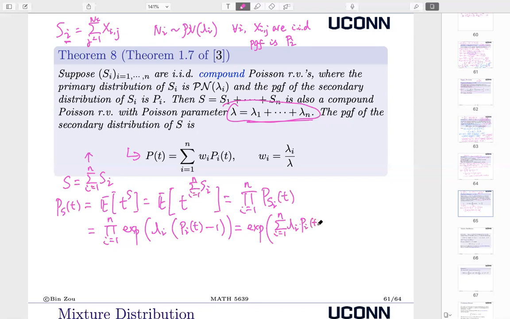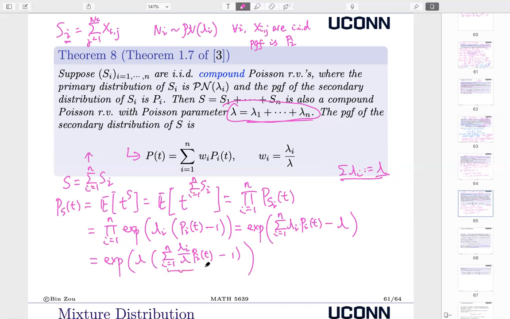Now I break this bracket, so I distribute lambda i into the 1, and I get lambda. So basically I do summation. By our definition, this is lambda. Now I factor out this lambda. Then for the summation part, I will write it in this form. Nothing changed, just a little algebraic manipulation.